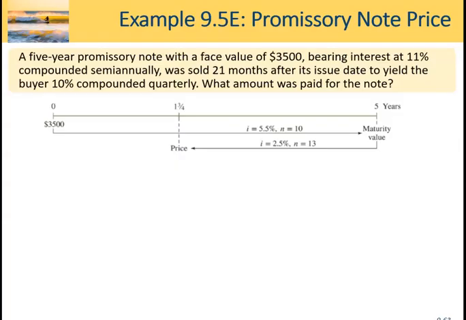Okay, so again, it started at day 0 for $3,500. That's how much the promissory note was. So we need to figure out here, a year and 3/4 later, what should I pay for it? So if somebody wanted to sell it to me, how much would I be willing to pay for it?